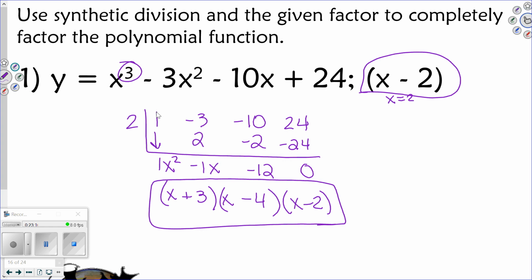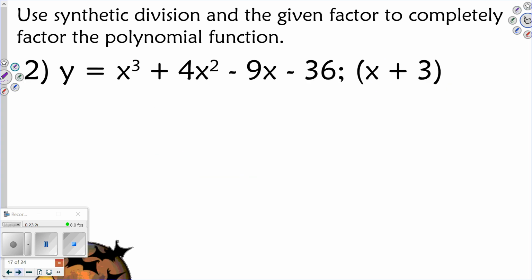The directions, do they say solve? Nope. It says to completely factor. Some of them get a little trickier, but not so bad, right?